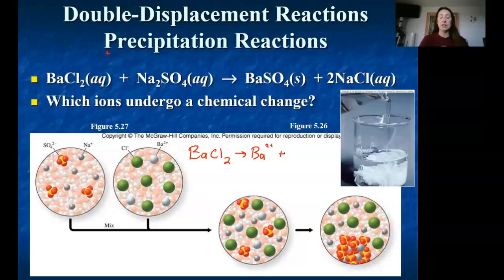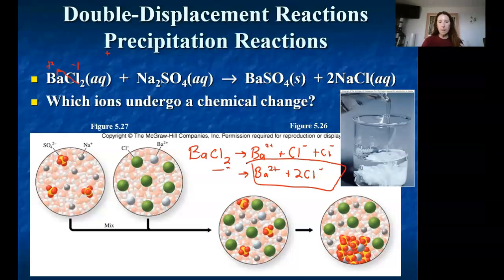So Ba2+, how do we know it's Ba2+? A couple different ways. It's in group 2, so it's +2. Chlorine is in group 7, so it's -1. So there's 2 chlorine, so I could write Cl minus plus Cl minus. Well, an easier way to write that is just 2 Cl minuses, right? So I just went straight here.